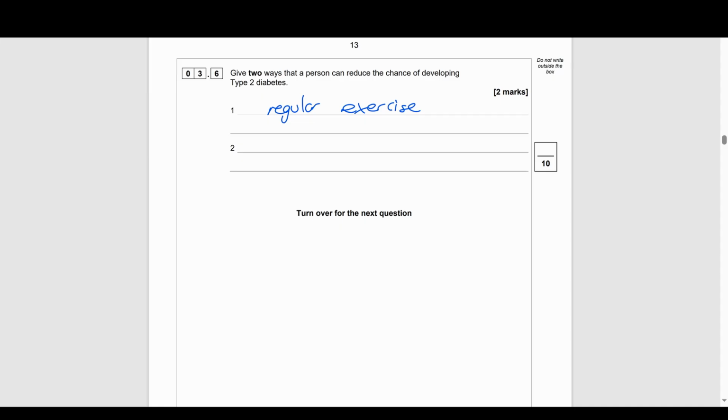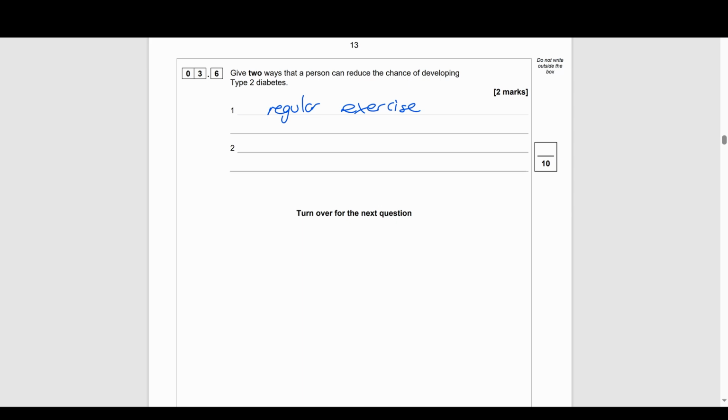For someone with type 2, though, the problem again is that the body is not responding to the insulin that is being produced by the pancreas. So the one way to combat that is to stop the glucose concentration being high in the blood. And other than exercise, the other way in which that can be addressed is by reducing the intake of carbohydrates.